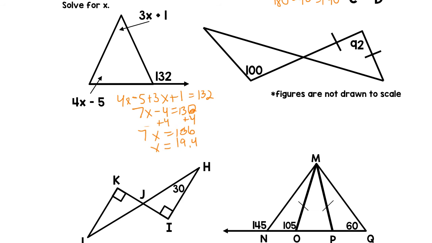All right. We know that the triangle on the right here is an isosceles triangle, and we know that this angle is 92.